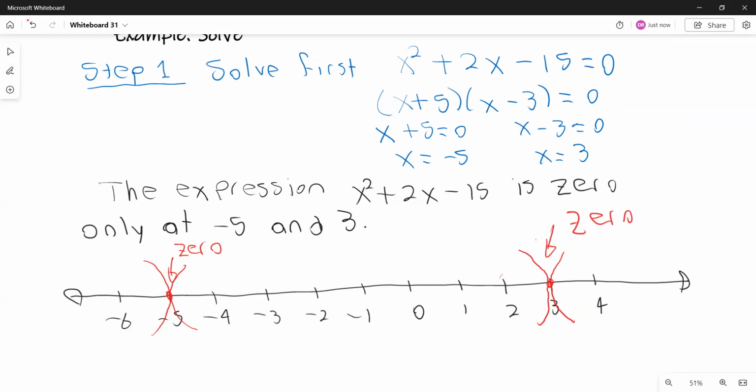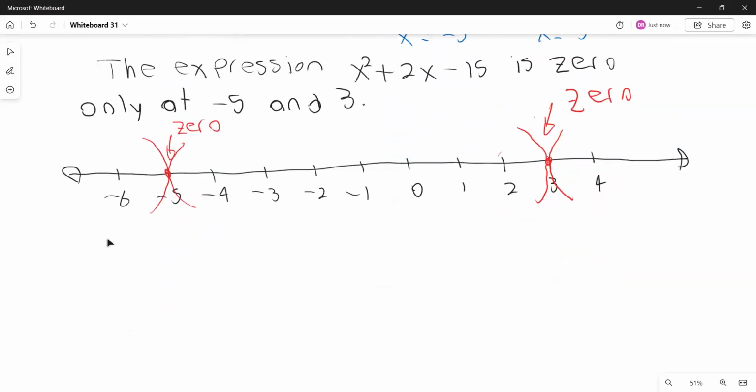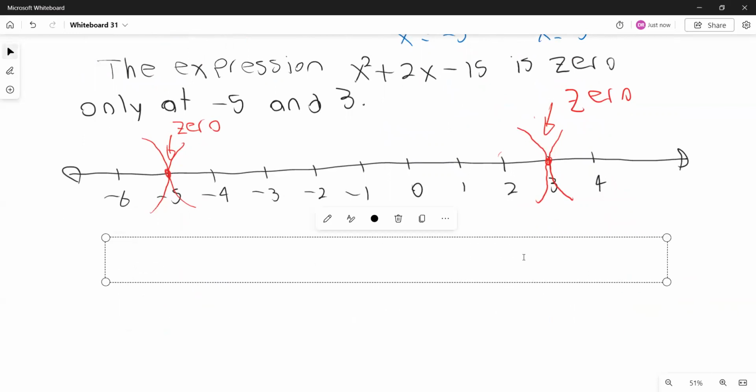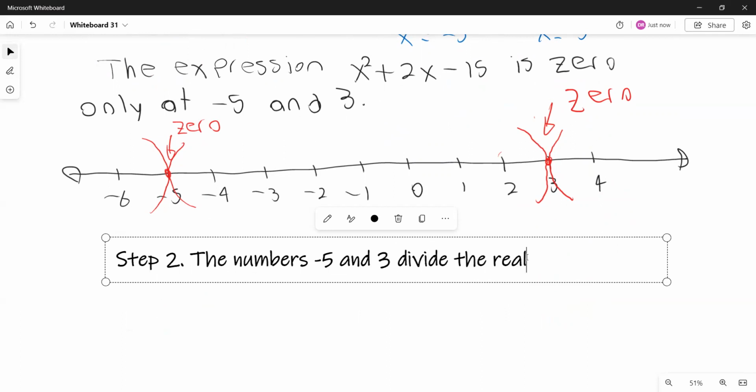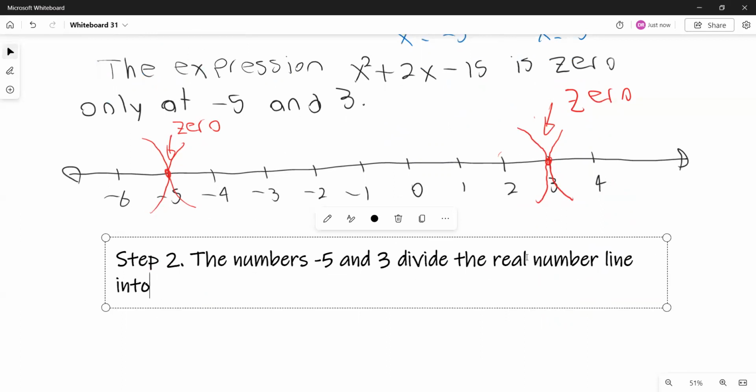Okay, so the numbers -5 and 3 divide the real number line into 3 intervals. That's going to be step 2. The numbers -5 and 3 divide the real number line into 3 intervals.